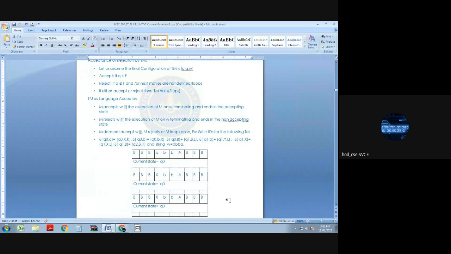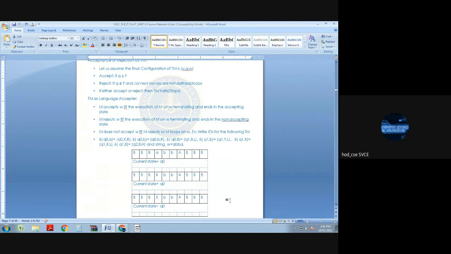If it ends in the accepting state, then that particular string we can say is accepted by the given machine M.